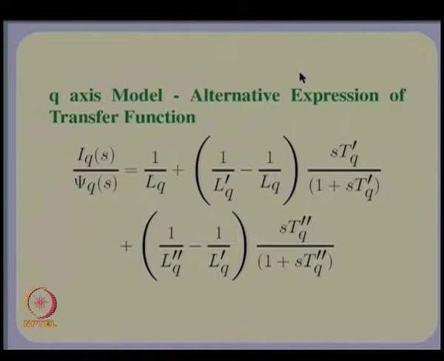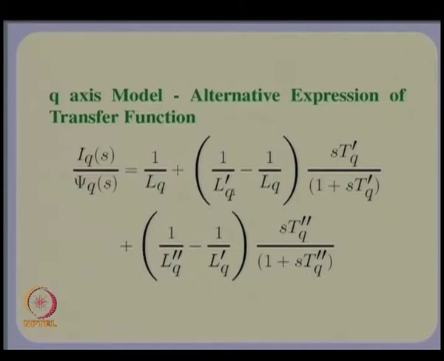Incidentally, I have not described to you what these inductances and time constants are called. LQ dash and LQ double dash in these equations are in fact called the transient and subtransient inductances of the synchronous machine. And TQ dash and TQ double dash are called the short circuit time constants of the synchronous machine.